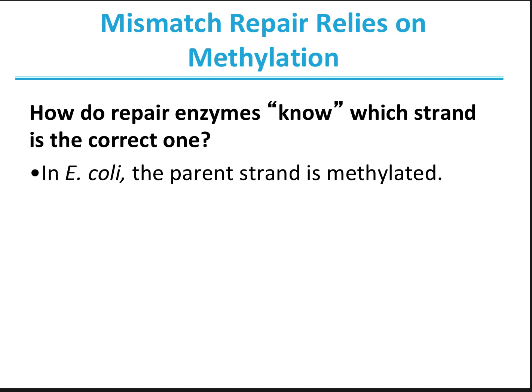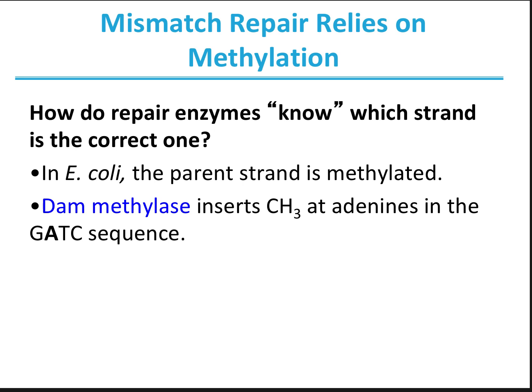So in E. coli, the parent strand of the DNA is methylated. And this methylation occurs through the activity of a DAM methylase. Basically, this enzyme inserts methyl groups at adenines in the GATC sequence.